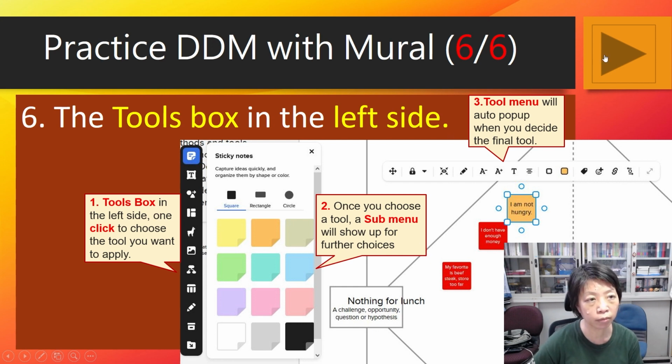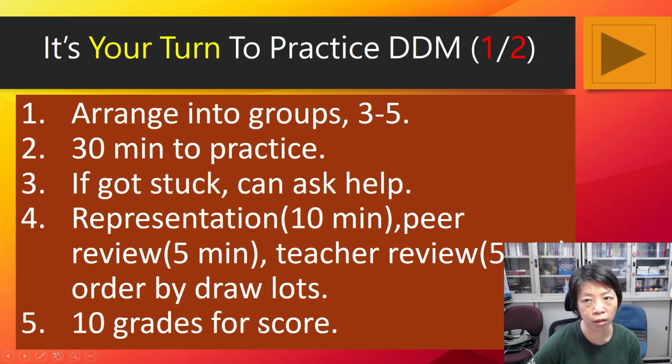Okay, let's move on. So, you got a mission. It's your turn to practice the DDM. The requirements are as follows. First, arrange into groups of 3 to 5 each. Second, 30 minutes to practice. Third, if you get stuck, you can ask for help.